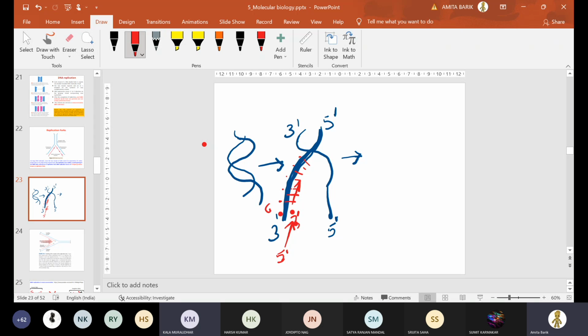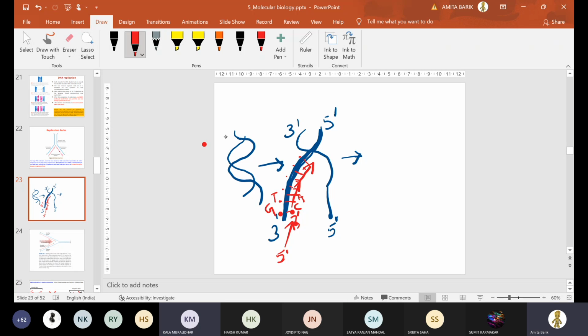Suppose here I have G, then what will come? What is the base pair with G? C. Similarly, if it is T over here, then another nucleotide will come as A. And similarly these bonds are being formed, and the new DNA strand is being formed this way.